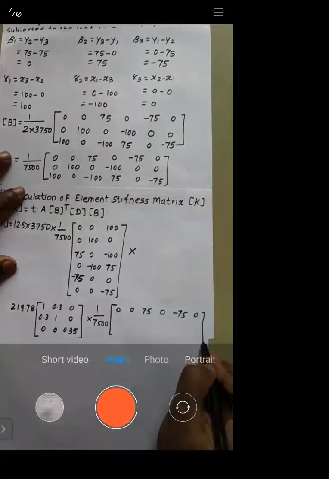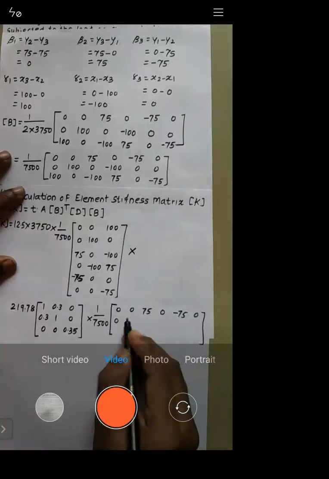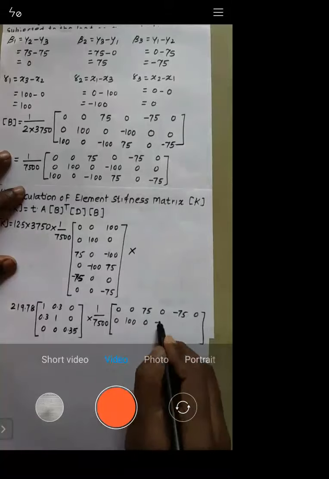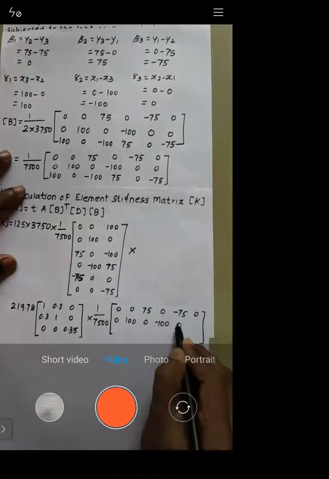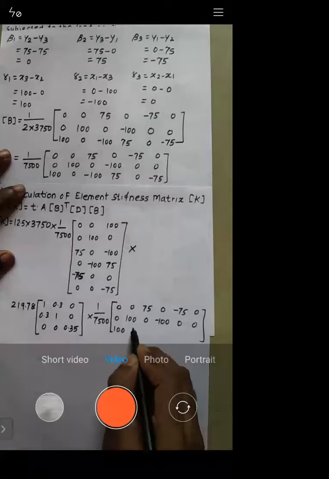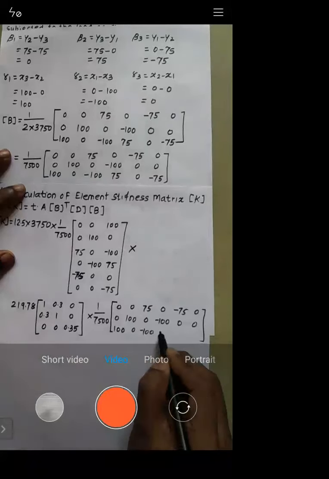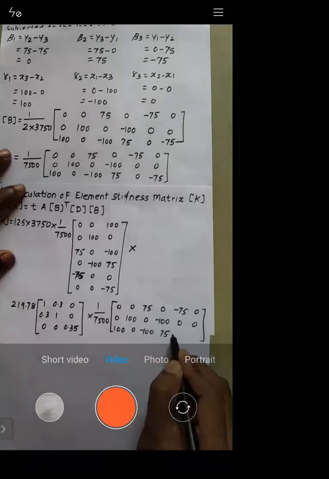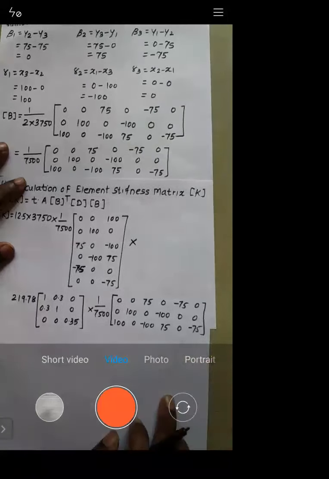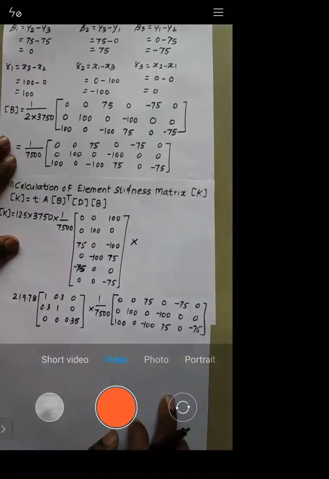Next, 0, 100, 0, minus 100, 0, 0, then 100, 0, minus 100, 75, 0, and minus 75. Is it okay?